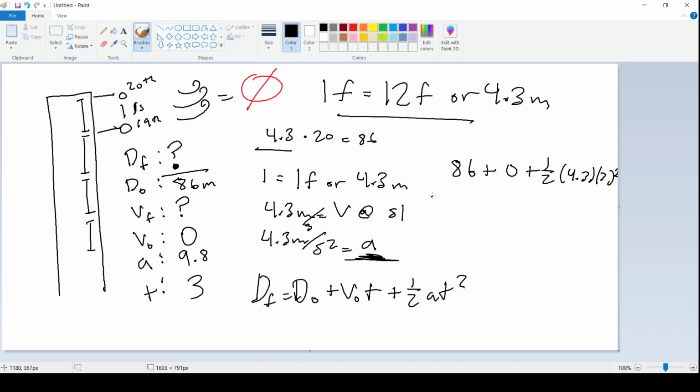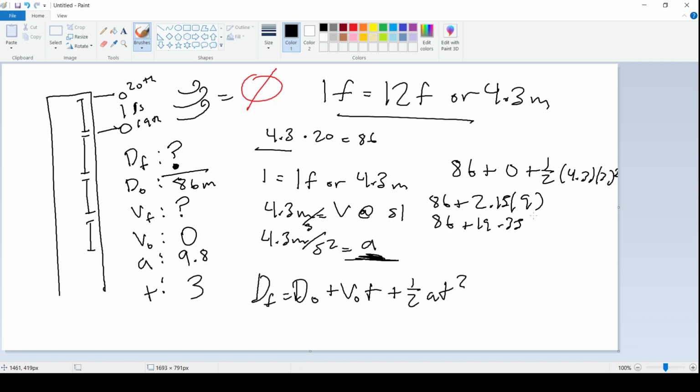Okay, so 86 plus, and then let's see. 4.3 cut in half is 2.15 times 9. That'll equal 19.35. So this plus 19.35.